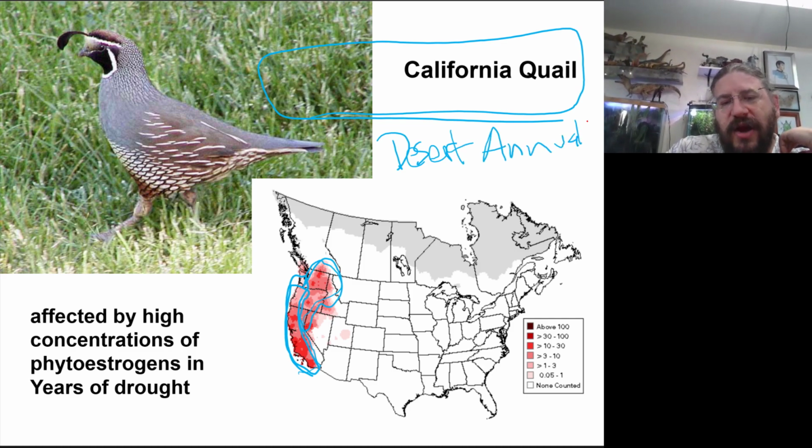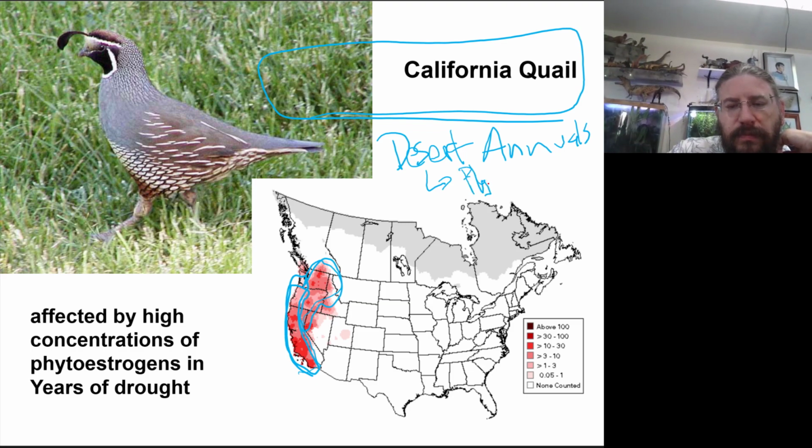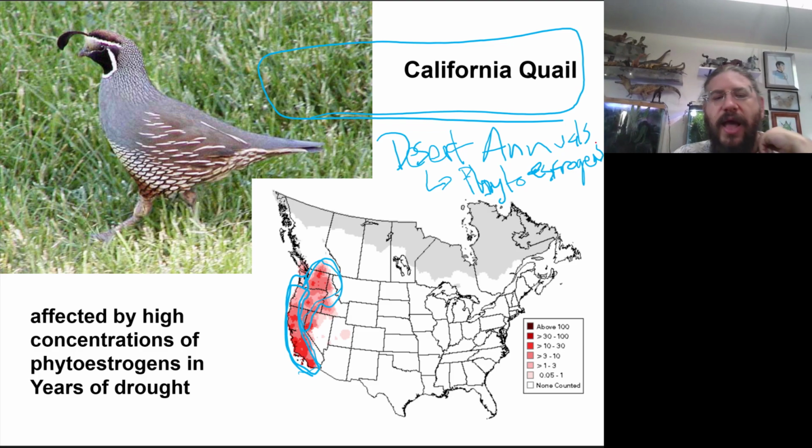And a lot of these desert annuals produce high levels of phytoestrogens. Now, quail are kind of legendarily fecund, which is a real fancy word for they have a lot of babies. Quails produce a ton of babies.